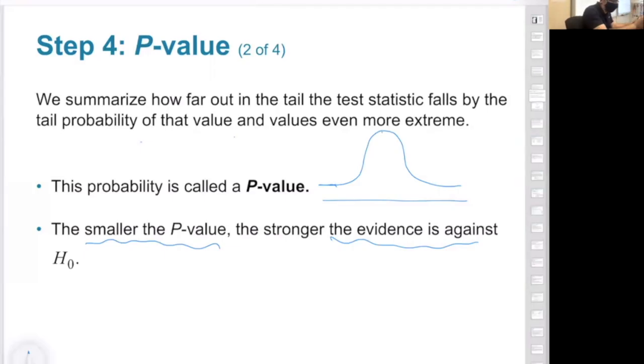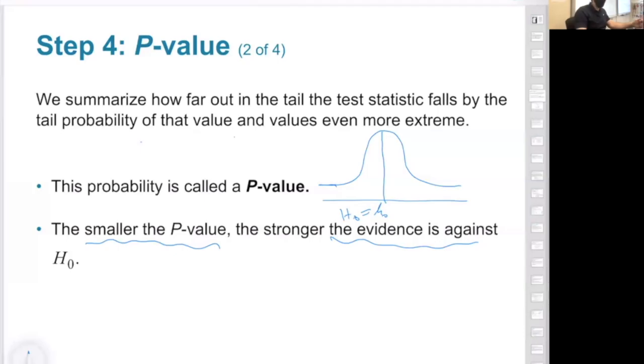Don't forget that here in the middle you have the mean, or the population parameter, mu. I will say here mu naught, because this value will be related to H naught, in the middle.